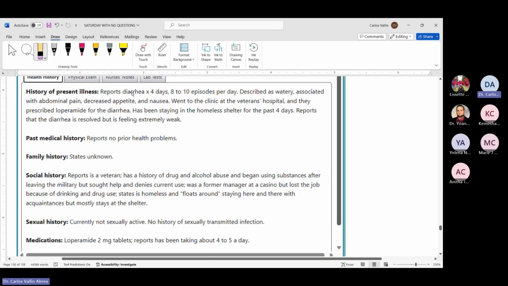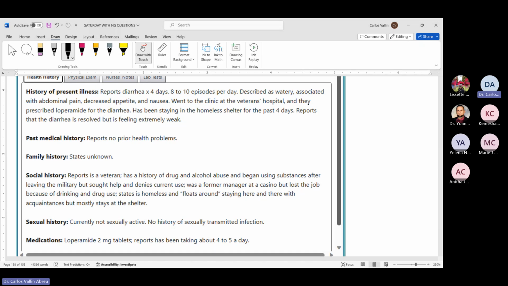So this client is having an acute diarrhea, could be dehydrated. 8 to 10 episodes per day. So diarrhea is a sort of loss of liquid and electrolyte, and it could explain the weakness of the client and the collapse. Described as watery, associated with abdominal pain, decreased appetite, and nausea.